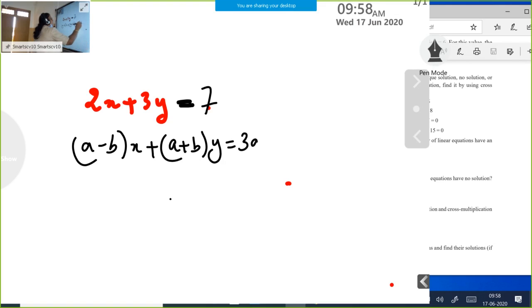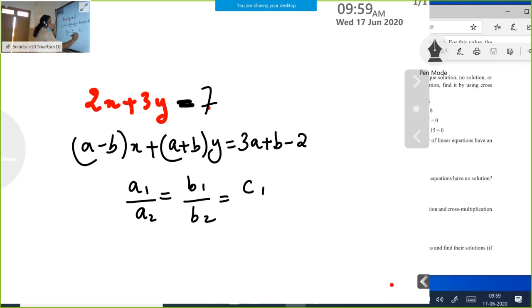Given that there is an infinite solution, that means the pair of linear equations has ratio of coefficients a1 by a2 is equal to b1 by b2 is equal to c1 by c2.